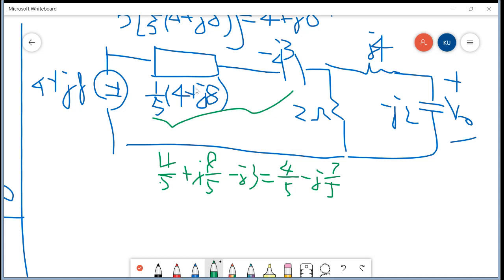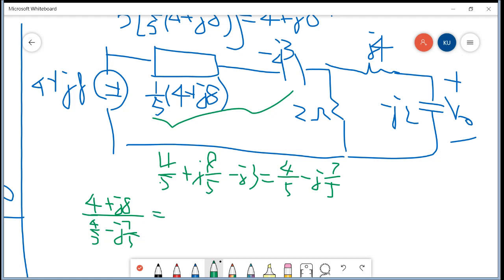So this is the series impedance. And then we also would like to find 4 plus J8 over this impedance, 4/5 minus J7/5.